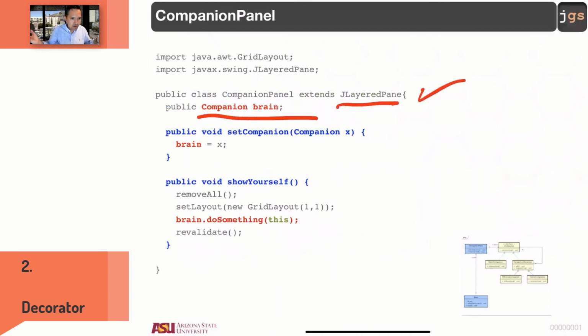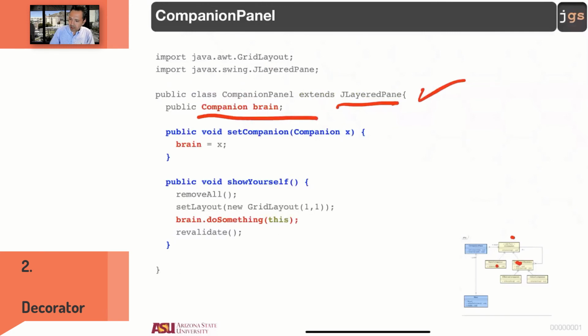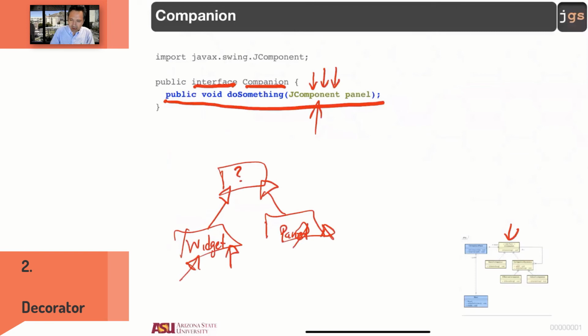There is no problem. But in the same way that I did before, if I can use this one and this one, why not go for the parent? That makes my solution more generic. Here, same idea. I am going to send a layer panel. I can put layer panel here. Why not?